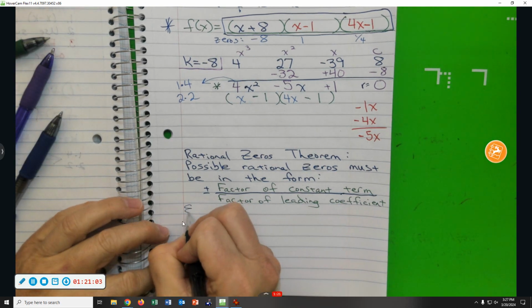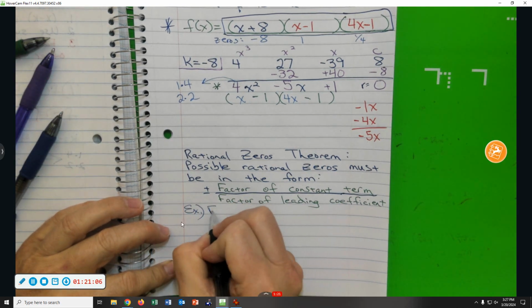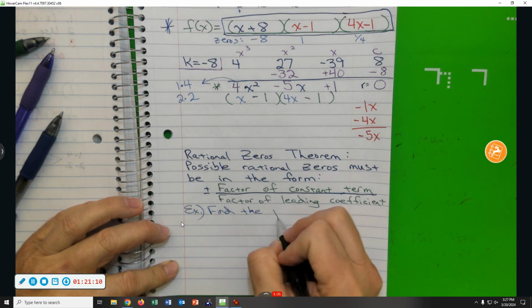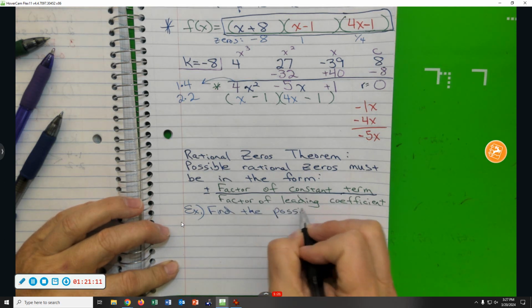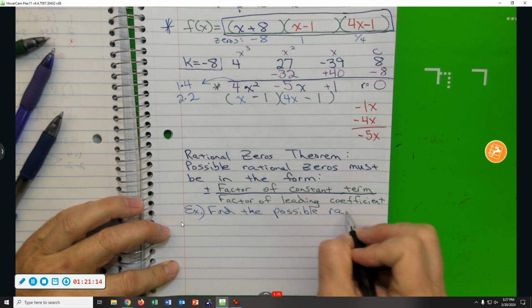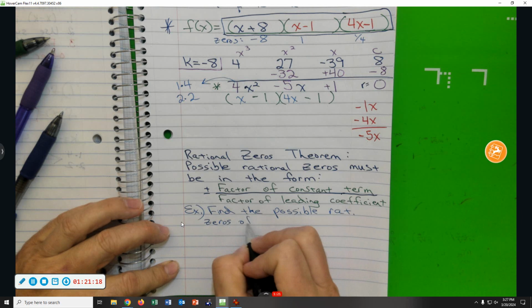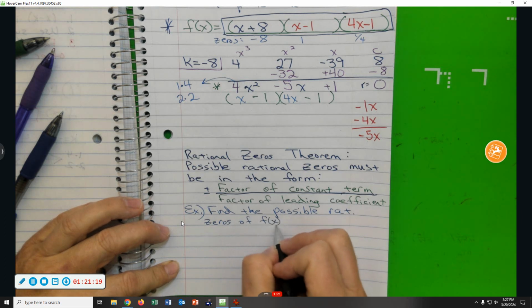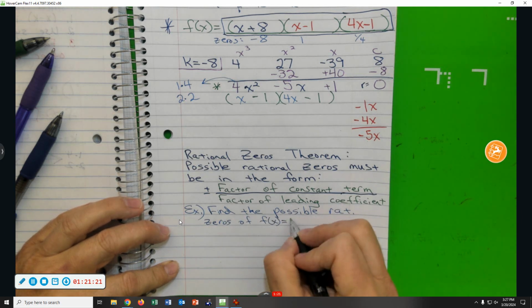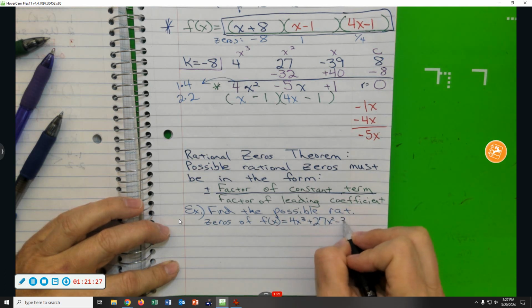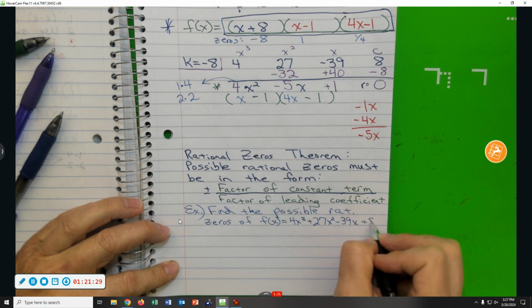I'm going to say example, and I'll say find the possible rational zeros of f of x equals 4x cubed plus 27x squared minus 39x plus 8.